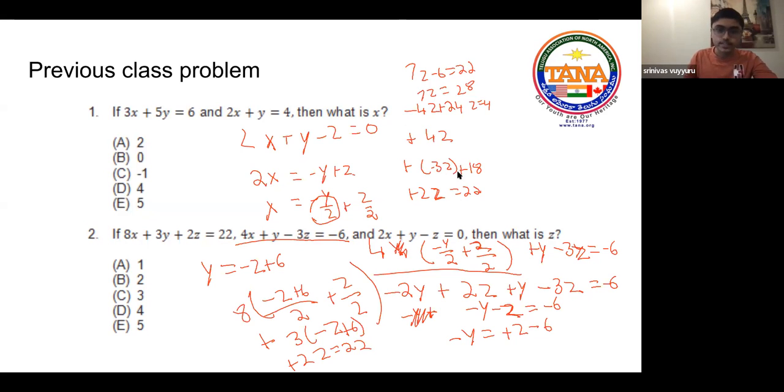Let me just look over these steps again. Okay, so you start out with this. And then you go here. Okay, you get this. Plug it in here. Negative 2y plus 2z plus y.